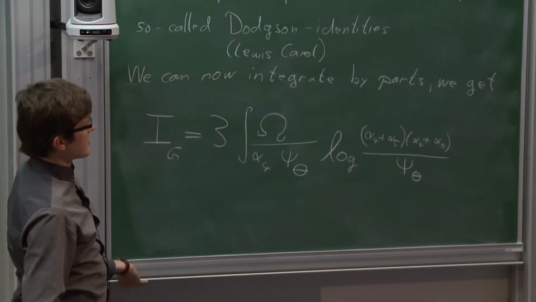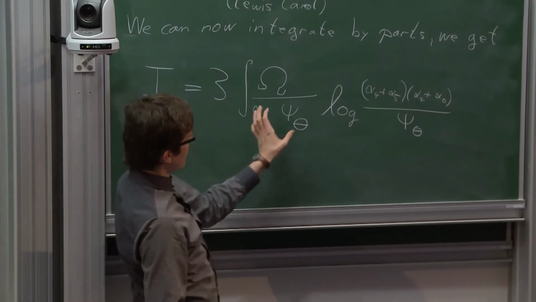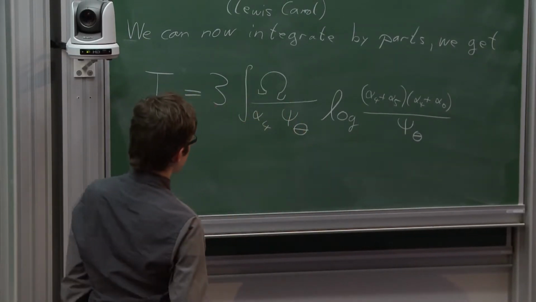This is an easy exercise to do this calculation that you get this expression. The point is that because of this complete square, we didn't get a dilogarithm at this stage.